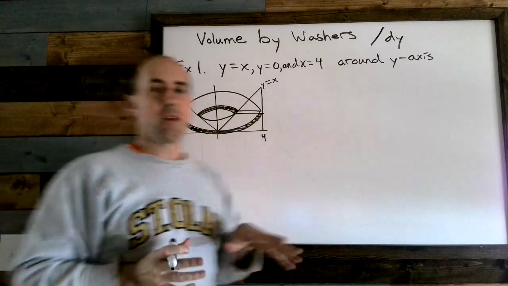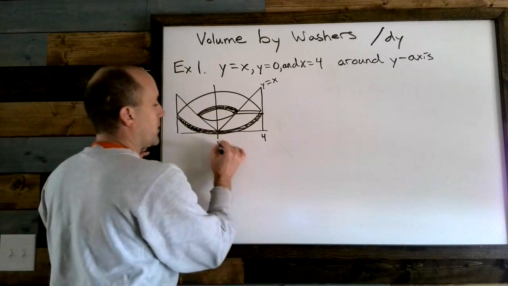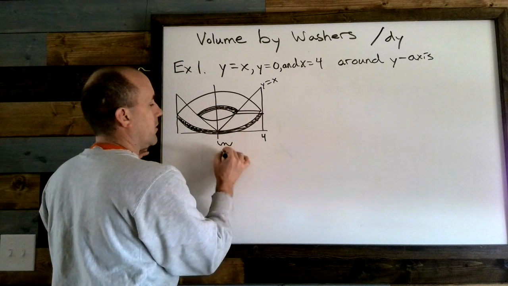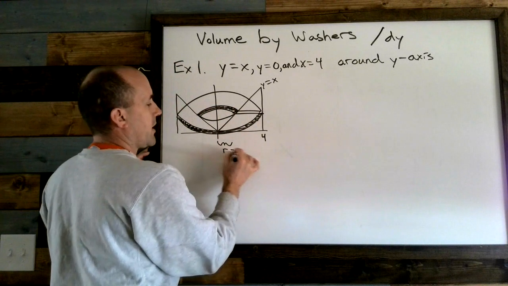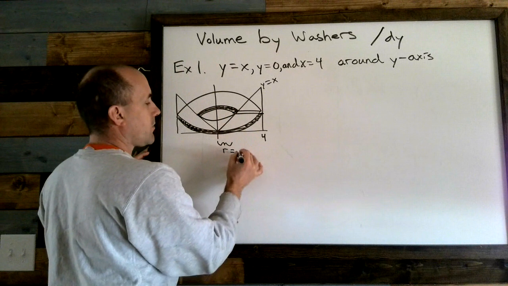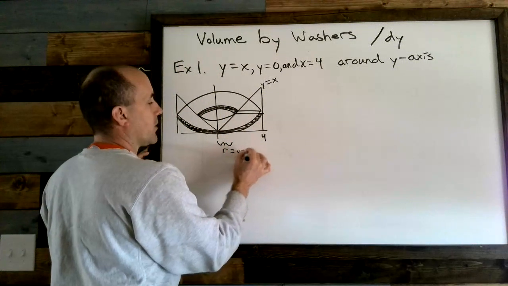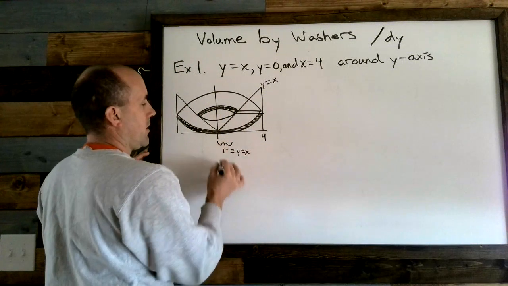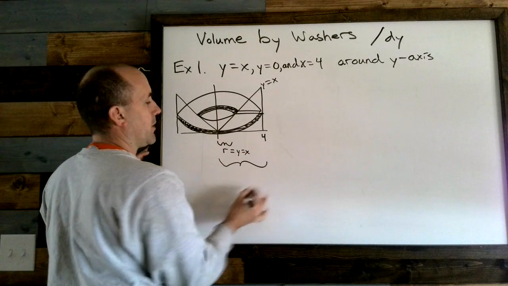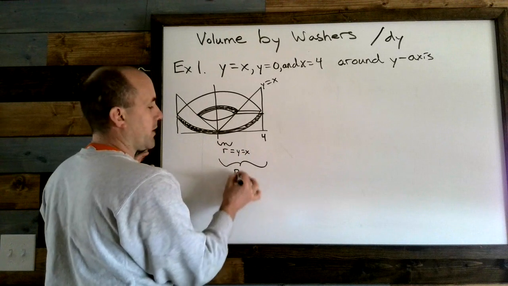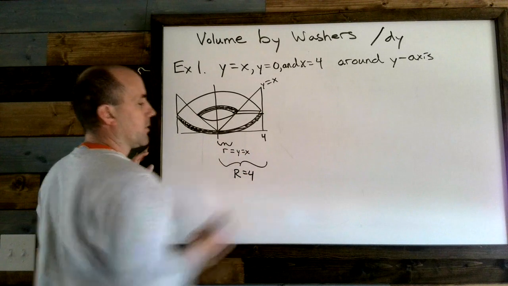You see the washer that we have? This is going to be little r, which in this case is y is equal to x. And this is our big washer, or our big radius, which is 4.